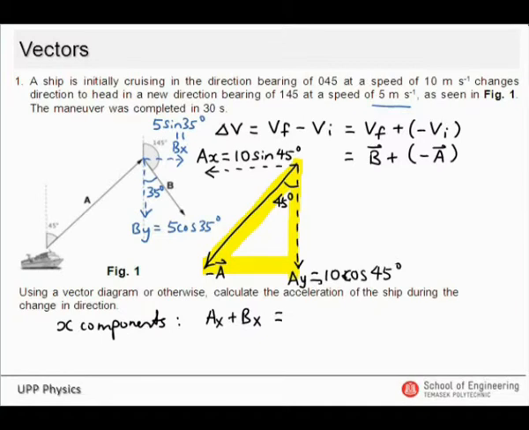So I'm going to give a negative value for AX, which is negative 10 sine 45 degrees. BX is in the positive direction, so it will be 5 sine 35 degrees. That is for the X components. So I'm going to find the sum of the X components. After adding, by using the calculator, I found that the two add up to minus 4.2. Now, let's do the same for the Y components.